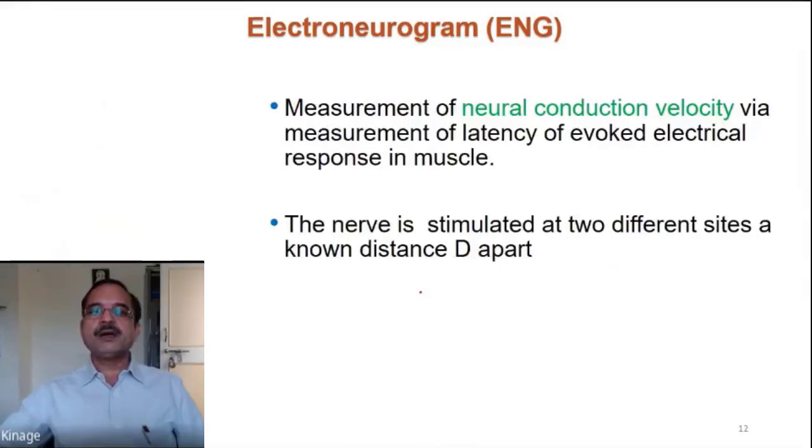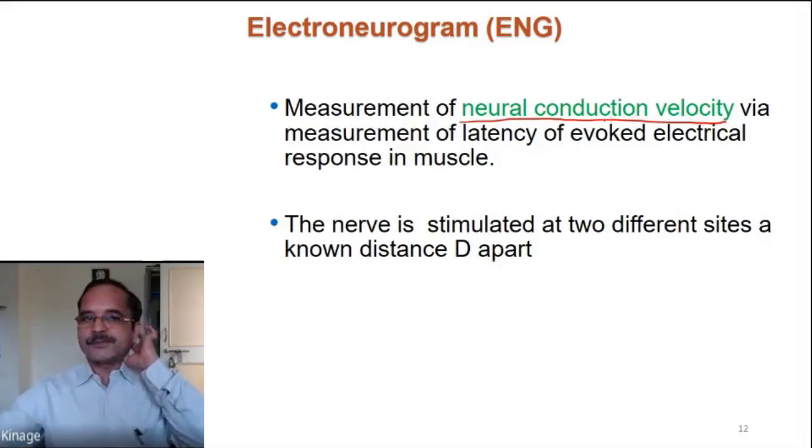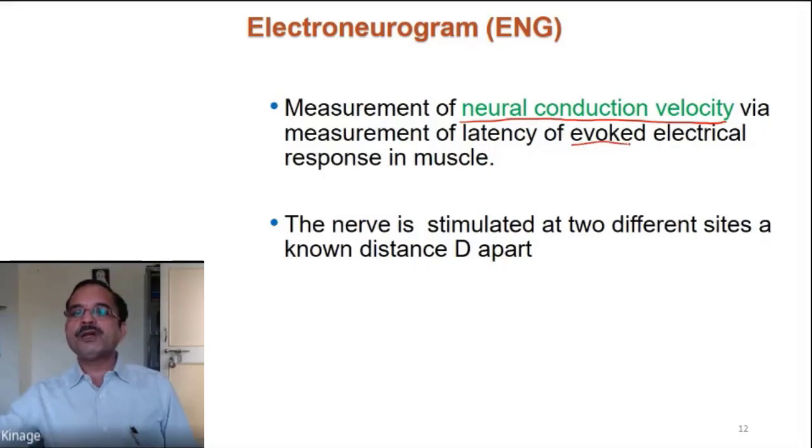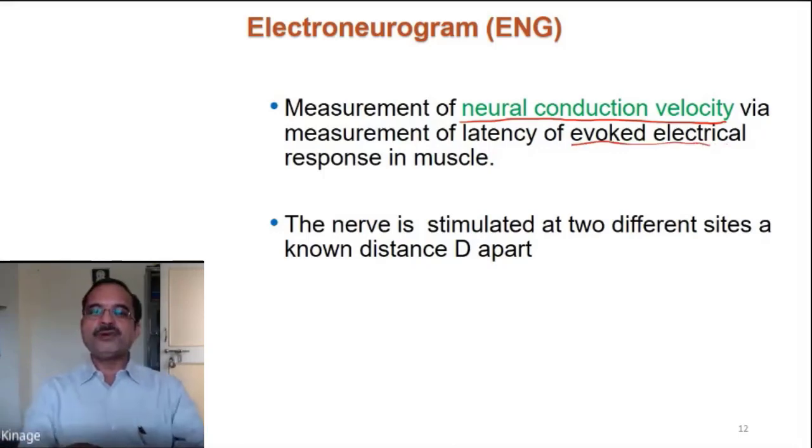Now let us see how this is done. As I told, during this ENG, we are carrying out the measurement of conduction velocity. So it is measurement of neural conduction velocity via measurement of latency of evoked electrical response. Evoked electrical response means when you give some stimulation, the response we get after stimulation is called the evoked response.